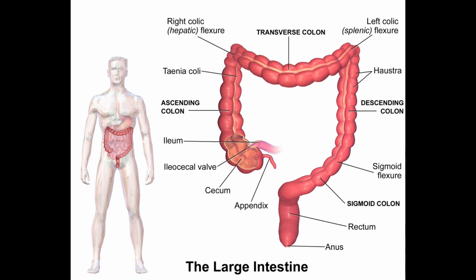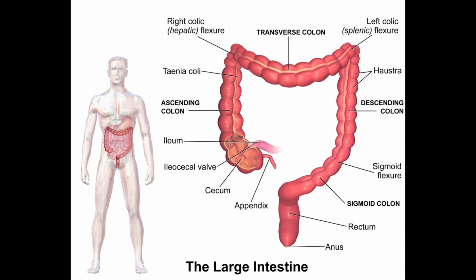The cecum is the very first part of the large intestine. It's a large pouch, which is also the widest part of the large intestine, and it provides an interface between the large intestine and the small intestine. So it receives chyme from the ileum, the final part of the small intestine, and connects to the colon, so that the rest of the large intestine. Now, the different parts of the colon have names describing their relative orientation.